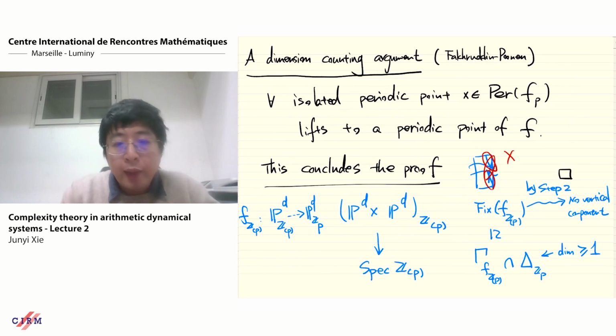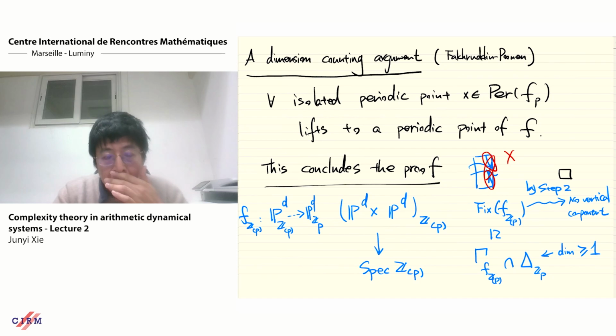Okay, maybe I can explain a bit how to do this dimension counting argument. It is quite easy. You just look at the localization at this prime.